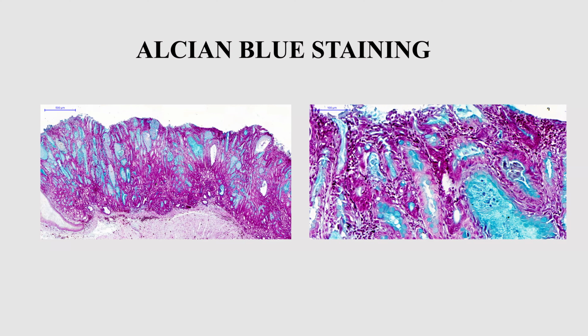We make this staining in an acidic environment, acidic pH. In acidic pH, these mucins transform into something blue. As we can see, these individual goblet cells are full of mucin, and also the lumen of these glands is full of mucins.